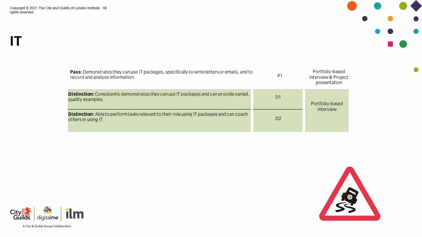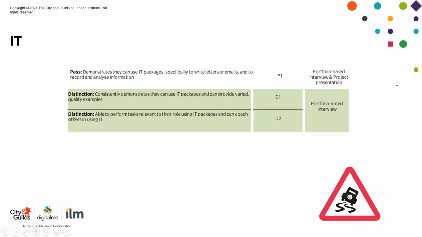So looking at tricky corners, I'm taking extracts from the mapping document again to show how it works in practical terms, and you can see how the colour coding helps you to determine how a particular criterion is expected to be assessed, as Juicy's already explained. Starting off with IT, it's an area where apprentices will naturally show competence in both project presentation and the portfolio-based interview.